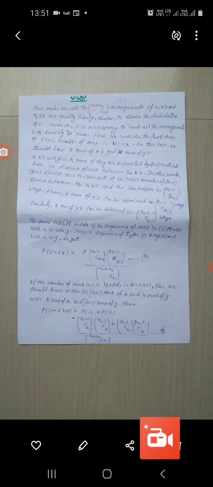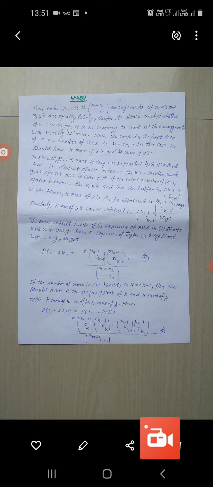Okay, now we consider the first case of an even number of runs, where the number of runs is even. That means u is equal to 2k.